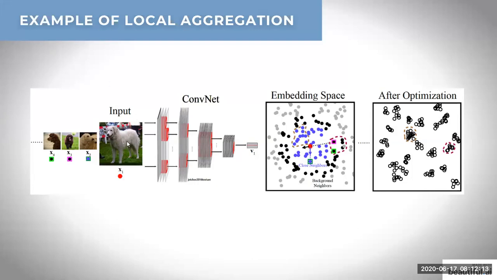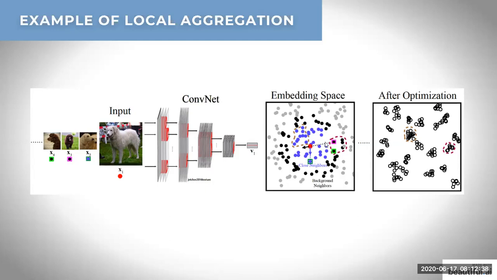After it goes through the convolutional network, it goes to the embedding space. Here you can see that this image in the embedding space is moving. It's moving toward the closest neighbor, but away from the background neighbors.